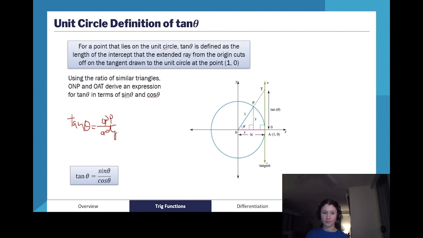If we're thinking about theta, the opposite is y, and the adjacent is x. So what we have is tan theta being equal to y over x. Remember though, y is equal to sine theta, and x is equal to cos theta. So we actually have a special unit circle definition for tan as well.